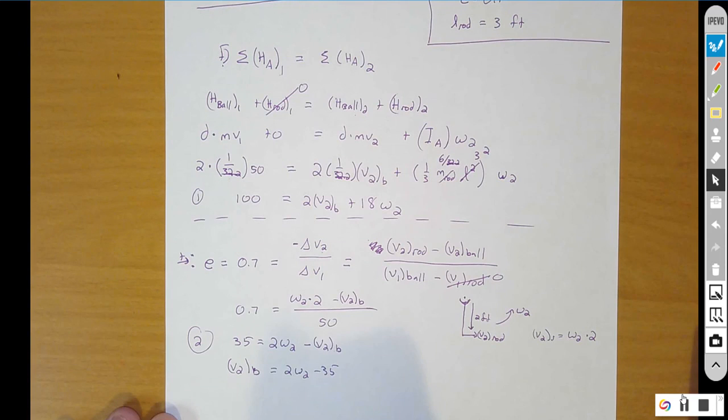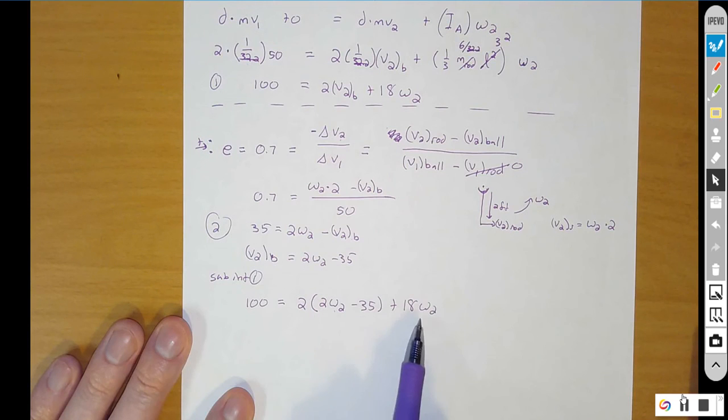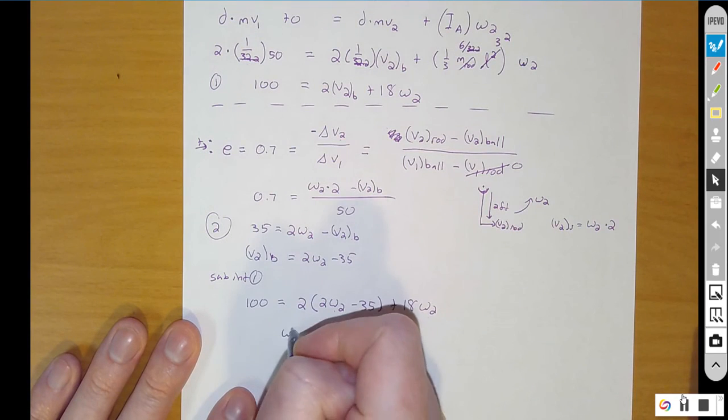And we're going to sub into equation 1. So that means equation 1 will become 100 equal to 2 times quantity 2 omega 2 minus 35, plus 18 omega 2. Omega 2 is my only variable.